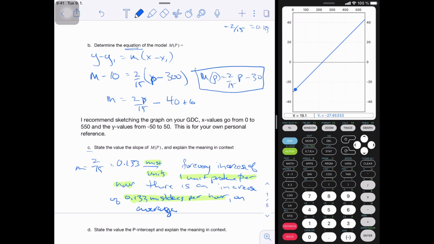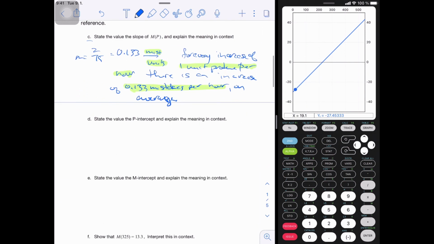Okay, so now moving on to D part, it says state the value of the p-intercept. Well, if I look here on my graph, this is going to be my p-intercept because P is like my x-intercept, which means my y value is 0. And in this case, that means the mistakes will be 0.